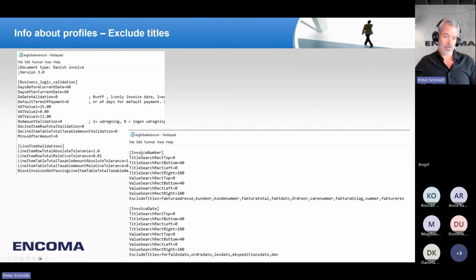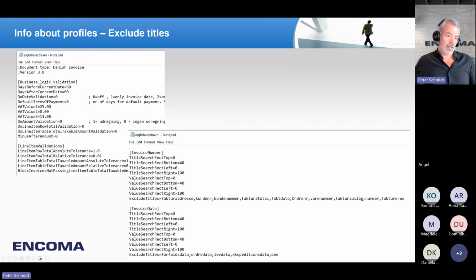For instance, if we are searching for the invoice number, we don't want to capture customer number, order number, item number, stuff like that on the invoice. And it could also be a very good idea to add words in different languages, just so we know that the system won't capture incorrect information the first time it sees invoices from a supplier.